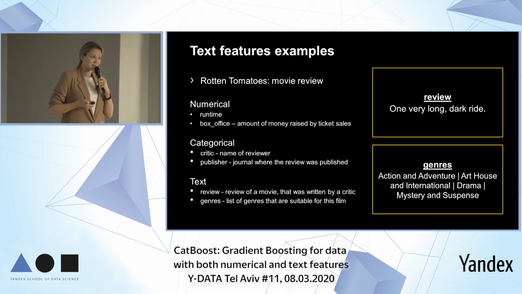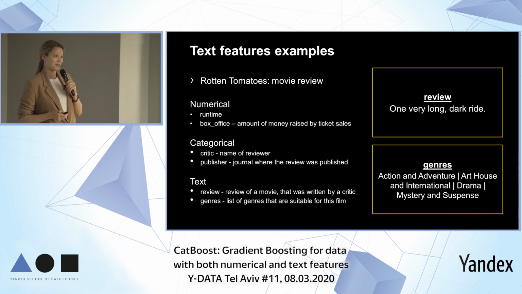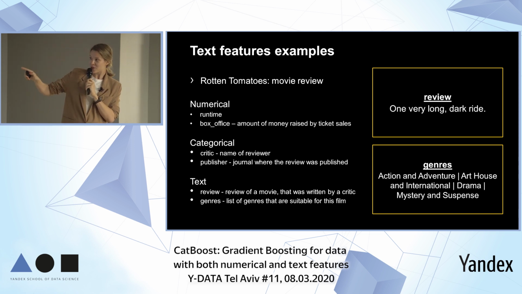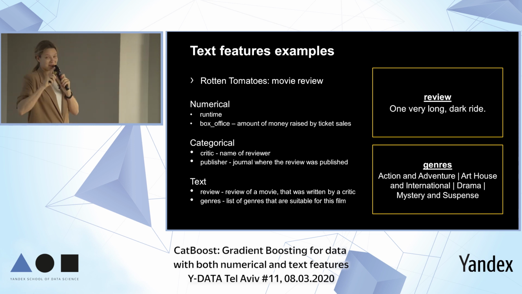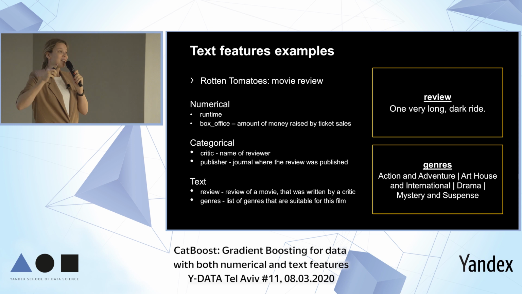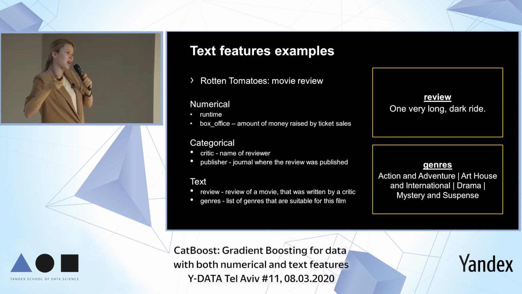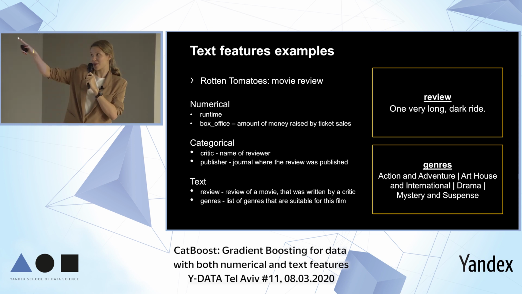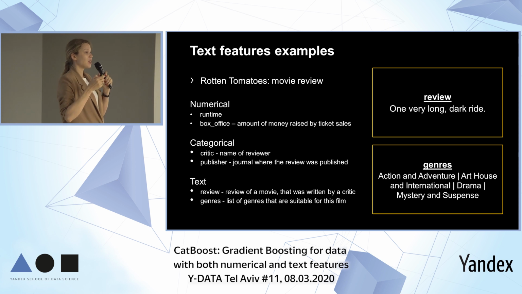For example, so what are text features? That is not super obvious, except it sounds super obvious, but it's not, and I'll explain now. So one example of the dataset where you have text features is the famous Rotten Tomatoes dataset, where you want to predict what is the rating that some reviewer gives to a movie.